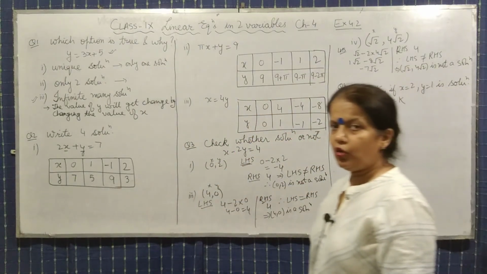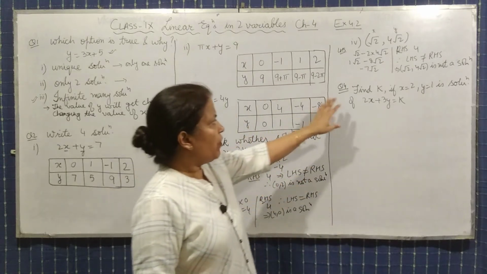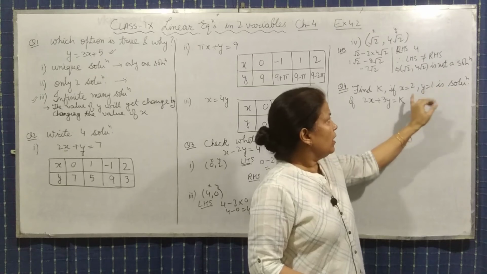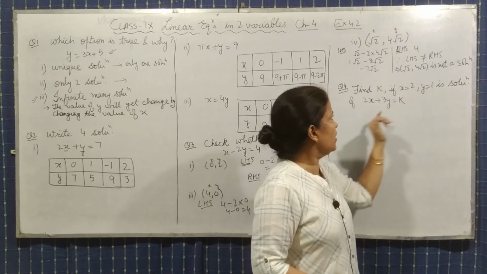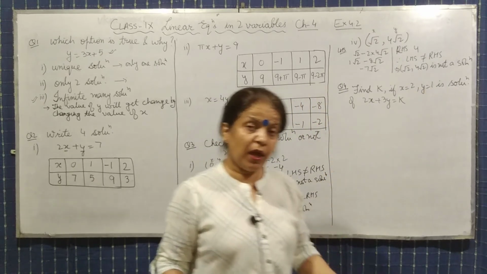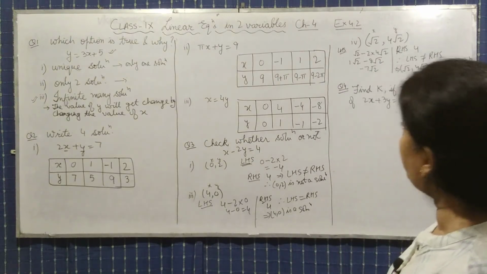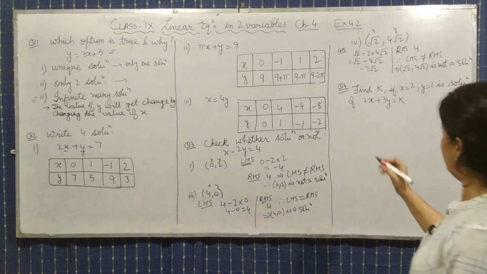Question fourth. Question fourth is find the value of k if x and y values 2 and 1 is a solution of this. अब यहाँ क्वेश्चन में क्या कह रहा है? ये सॉल्यूशन है and you have to find out the value of k.